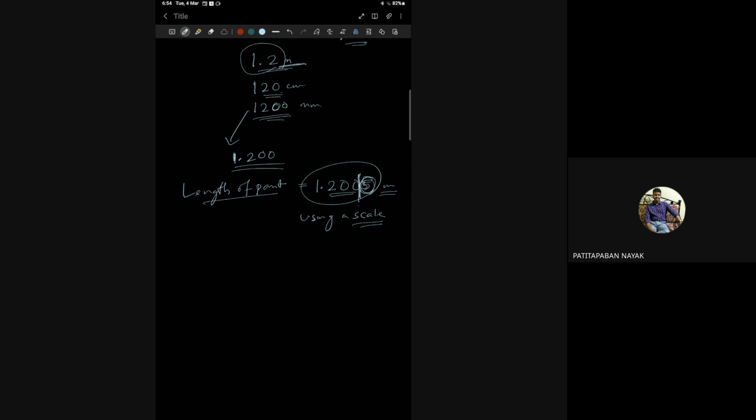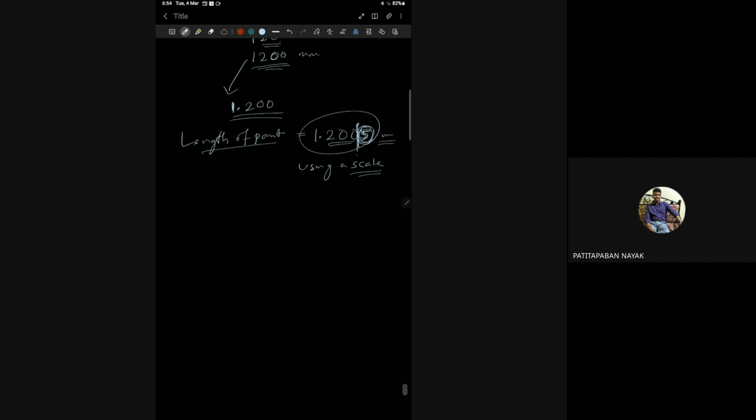We all know that as many numbers after decimal give a more correct answer, isn't it? But here, this 5 cannot be measured. If by some calculation or something I'm writing this 5, this 5 is basically creating error. So, error and uncertainty. There is a word called uncertainty.